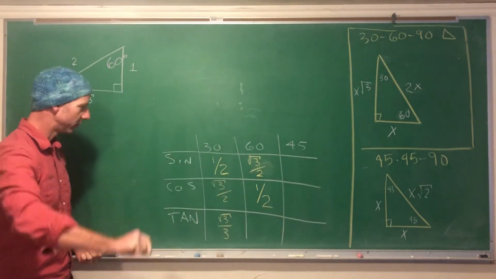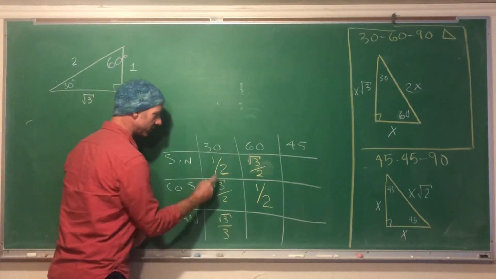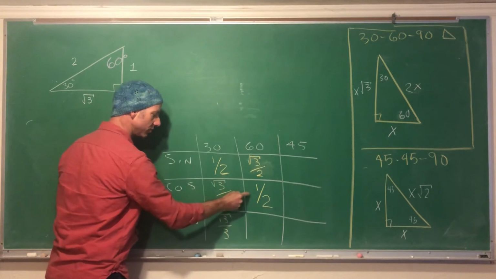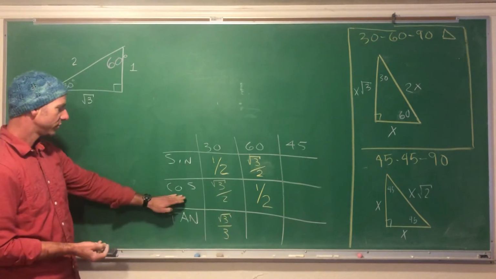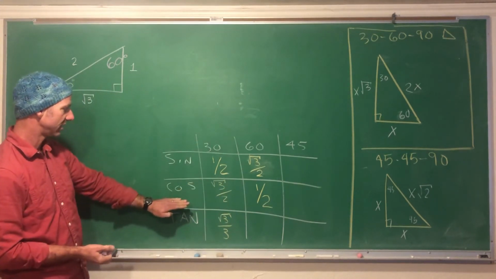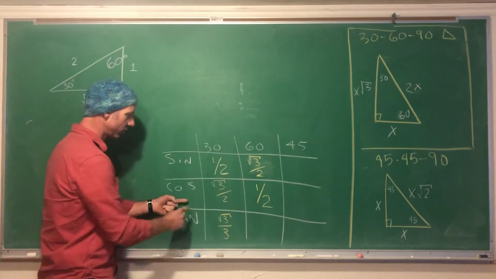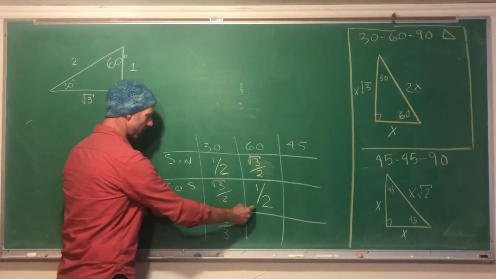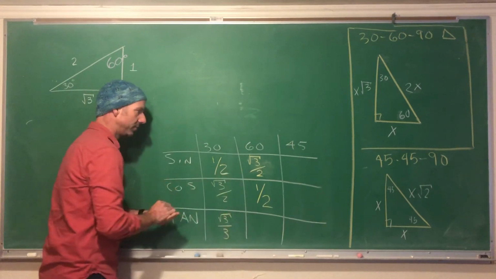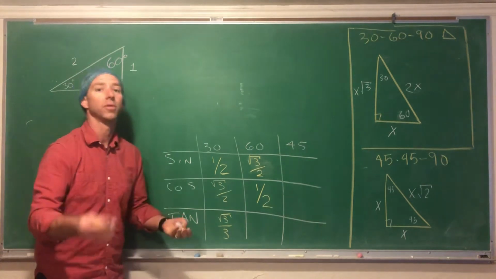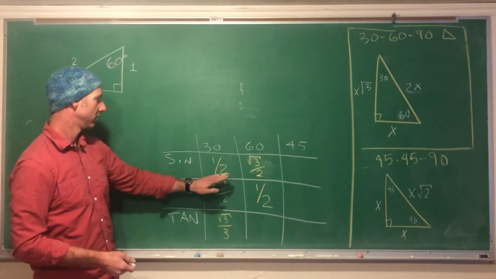Hey, I'm going to stop here for a minute. Look at this. Those two are the opposite of those two. The cosine of 30 is the same as the sine of 60. Well, it turns out they're opposite because they're called complements.